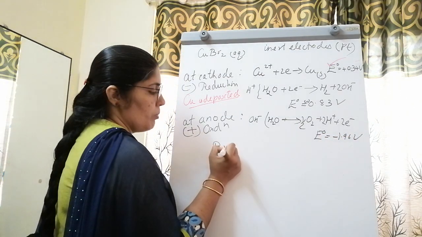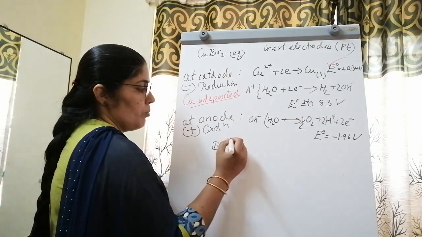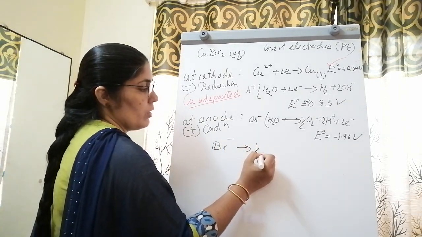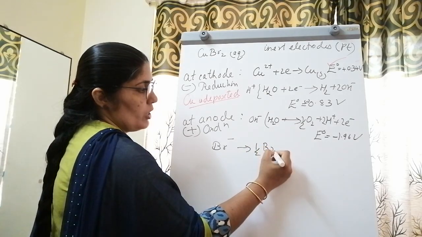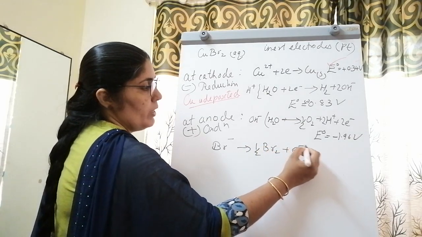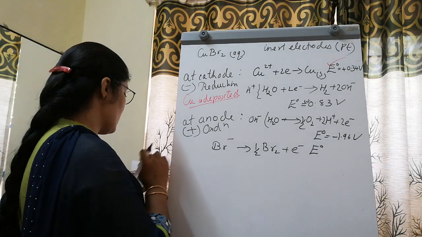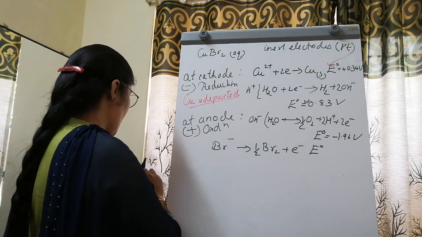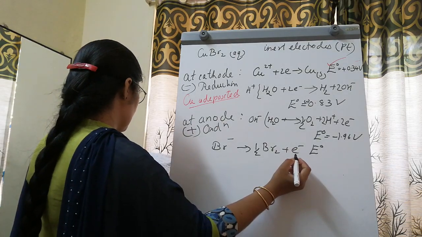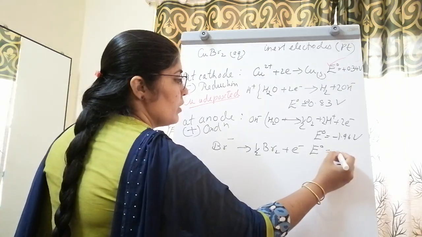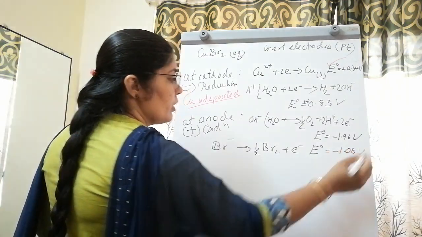Similarly, you will have Br minus coming here. Br minus gets converted on oxidation to half Br2 plus an electron, and its reduction potential value has been found out to be minus 1.08 volt.